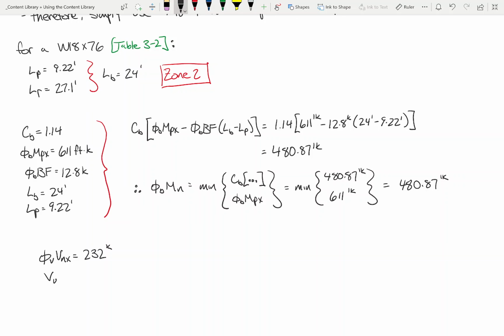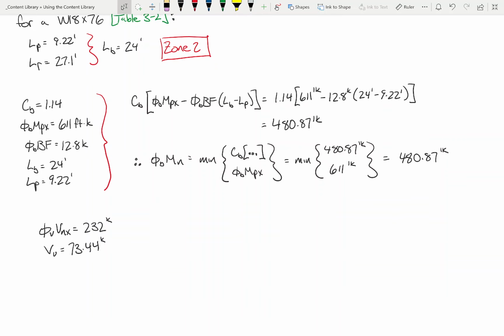And what did we compare that against? 73.44. Are we good here? Of course we are. And so our performance ratio for shear, if you divide these two out, you get something like 0.317. It's really tiny. Again, that happens with shear.